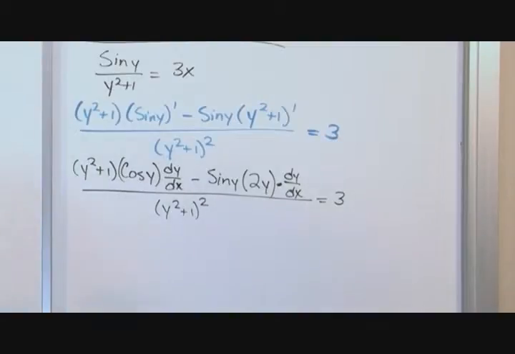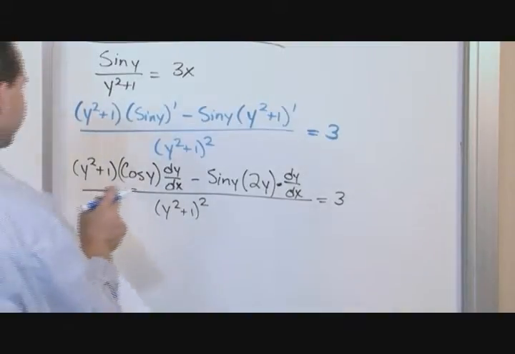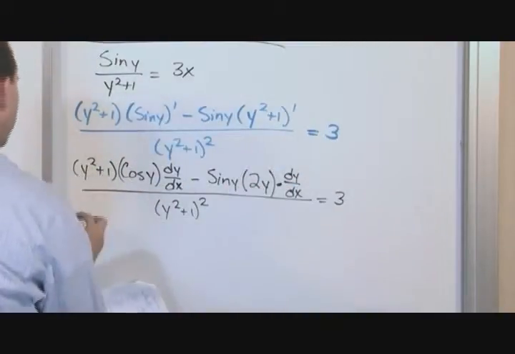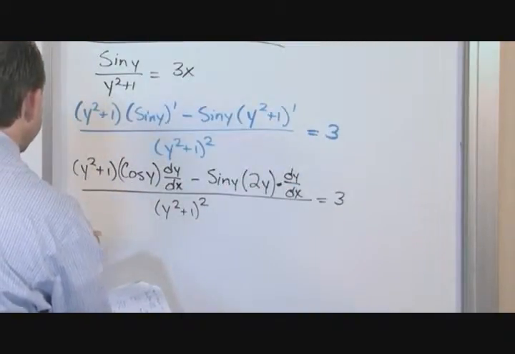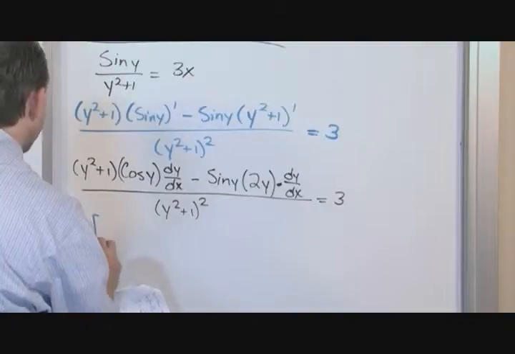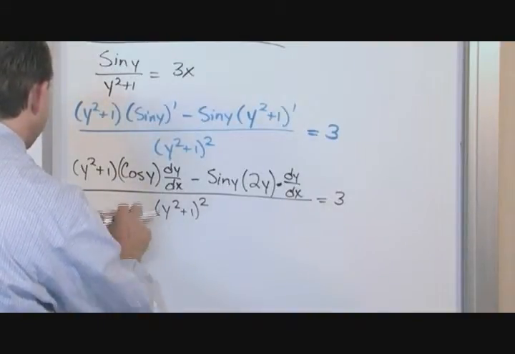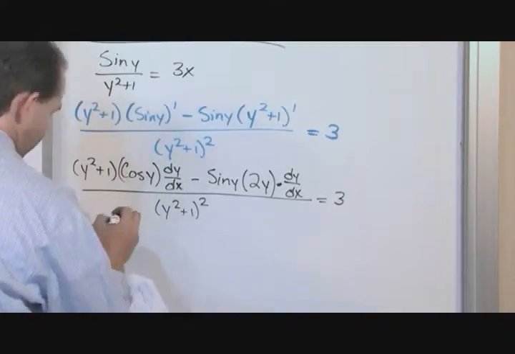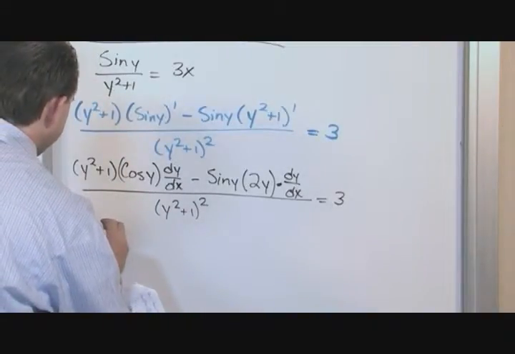Okay. Now let's clean this up a little bit. So what I want to do is pull this dy/dx out. Let's factor it out, so to speak. So what we'll have is dy/dx on the outside of this whole thing. Let's write it like this. Let's keep the fraction intact. On the top, what we're going to have is the same thing we've had to begin with.